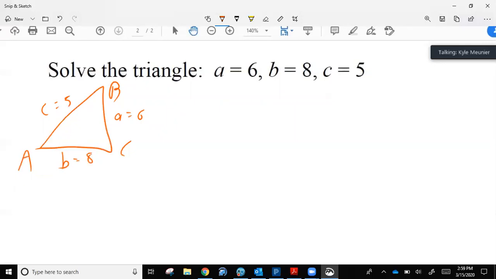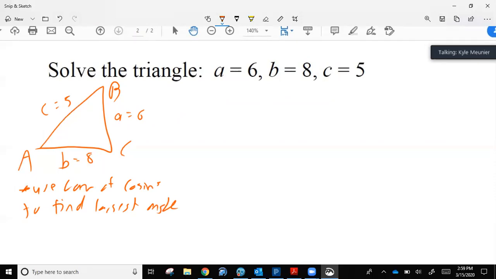Law of cosines works for anything. Let's do it to find the biggest angle. So if you have to use the law of cosines to find an angle, use law of cosines to find your largest angle. Only one angle in a triangle can be obtuse, so use the law of cosines to figure out that potential obtuse angle.